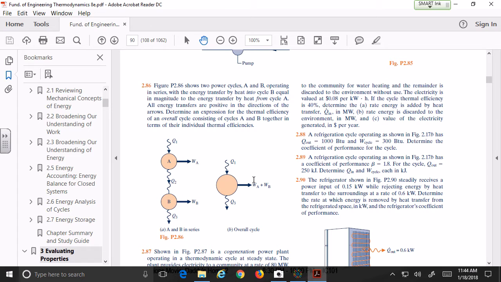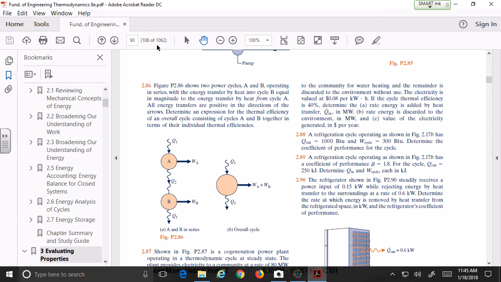Okay, so just copy what you have over there. Basically, I'm just going to do the figure. All right. Do this figure over here. Those two figures side by side. So it's Figure 2.86, which shows two power cycles A and B. So I'm drawing circles, A and B, which are in series.